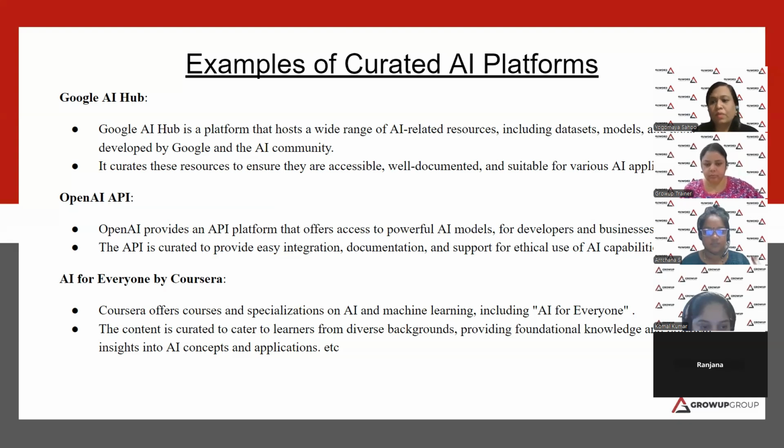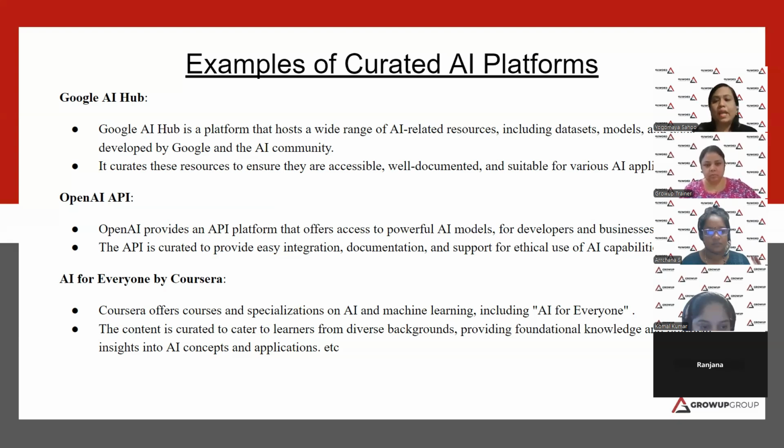Google AI Hub is a platform that hosts a wide range of AI related resources, including datasets and models, developed by Google and the AI community. It curates these resources to ensure they are accessible, well documented, and suitable for various AI applications.